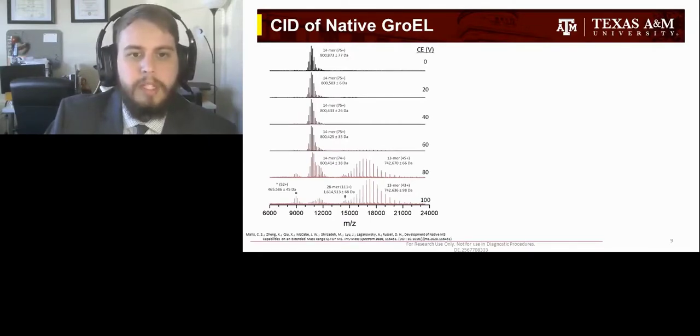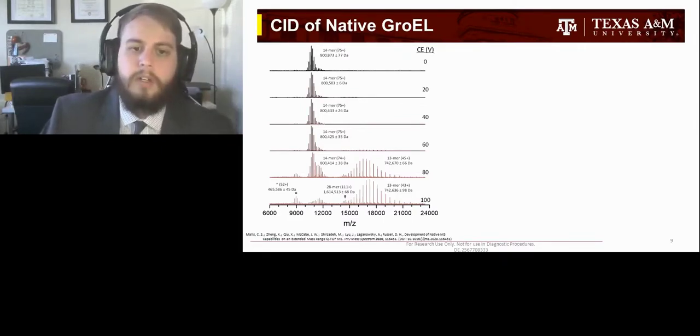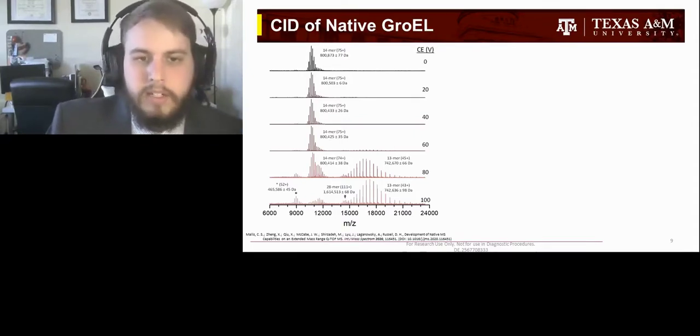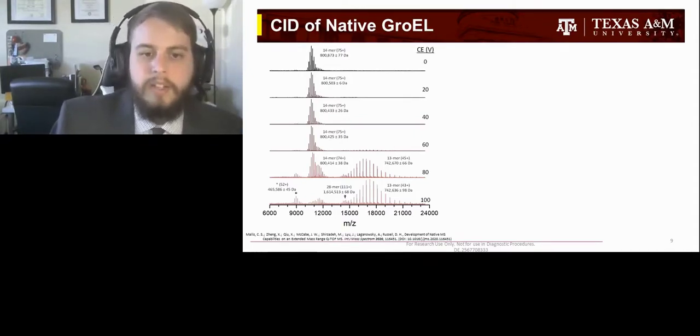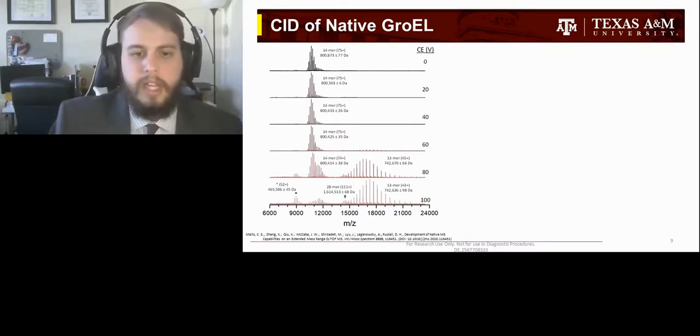And then generally what we see is, as we increase the collision energy, we start to see a shift towards lower molecular weight of the intact 14-mer complex, shifting from around 800,873 down to 800,414. So a loss of about 450 Daltons prior to dissociation.